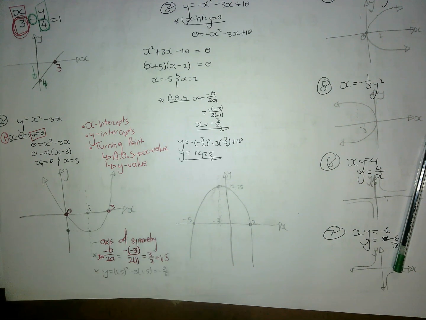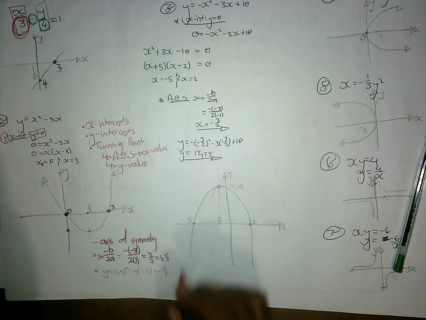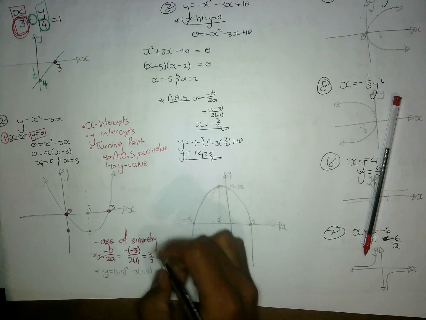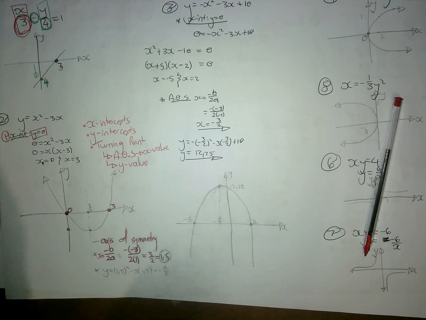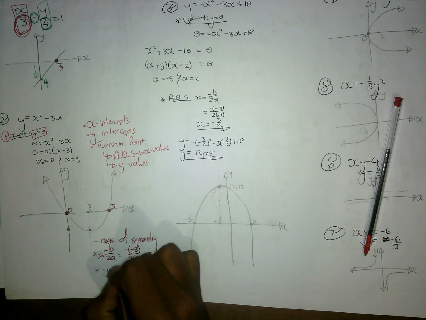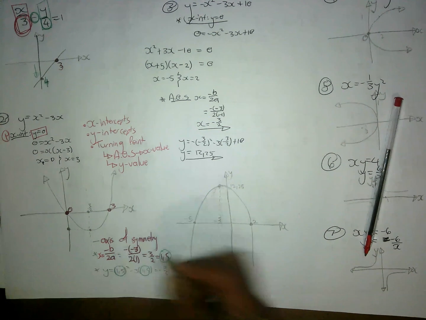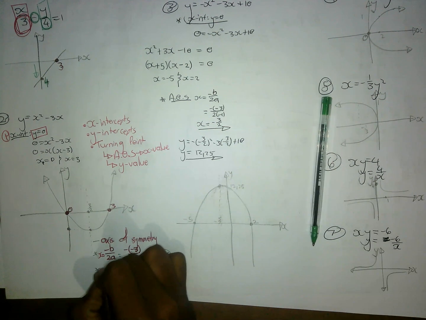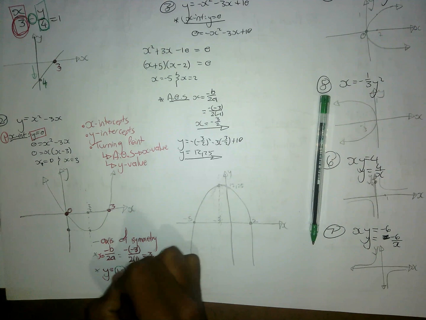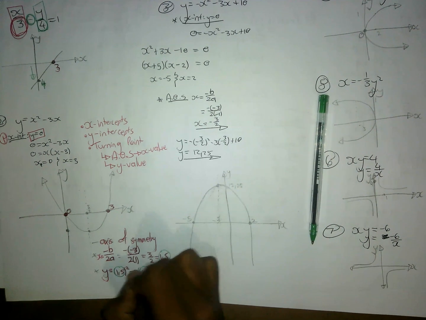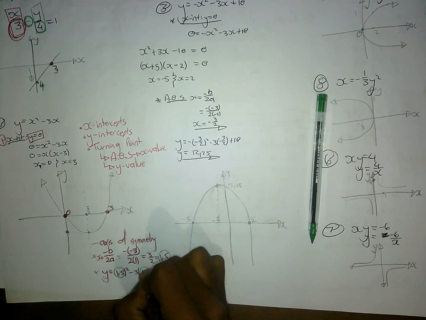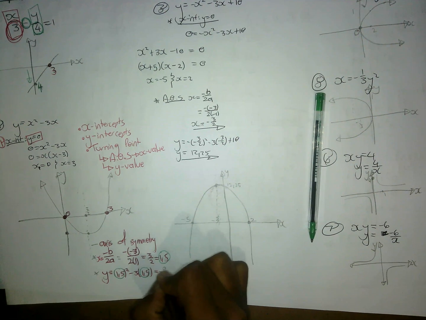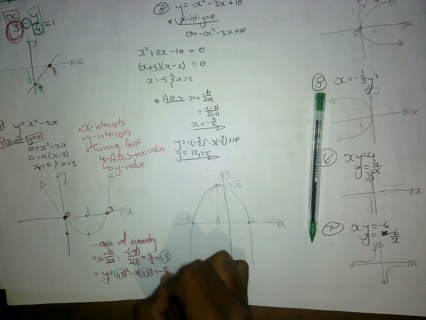So now we take our x value and substitute it into the given formula. So y equals 1.5 squared minus 3 times 1.5, which equals negative 9 over 4.